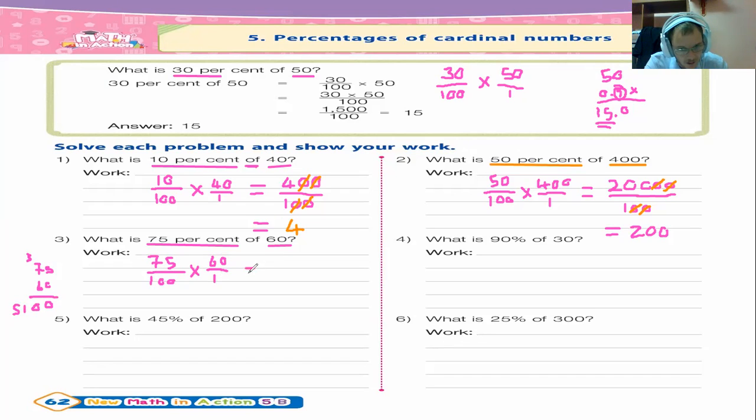So that's going to be 4,500 over 100. Divide by 100 again. Remember to bring over the 100. Sometimes we forget. Eliminate the 2 zeros on the top and the 2 at the bottom. And we are left with an answer of 45.